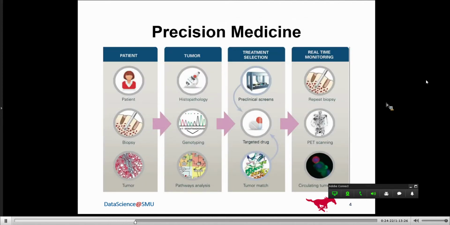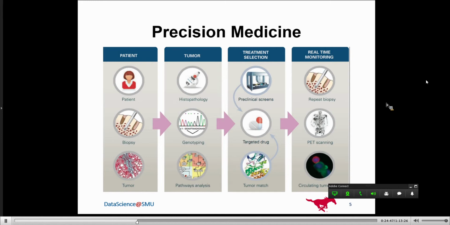So here is a figure to help you understand the process of precision medicine. First, we use biopsy, or currently we have another type of biopsy called liquid biopsy, which means just simply take 5 milliliters of your blood sample, so you do not need to mess with your tumor.